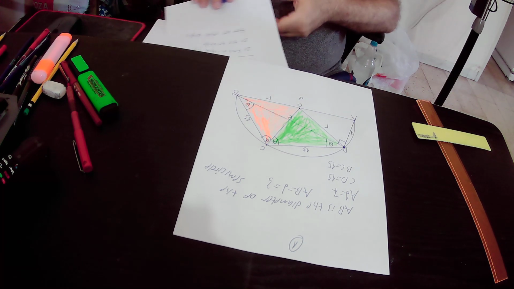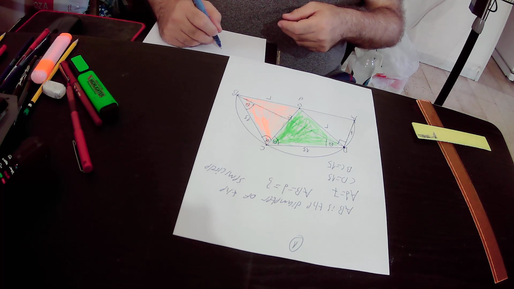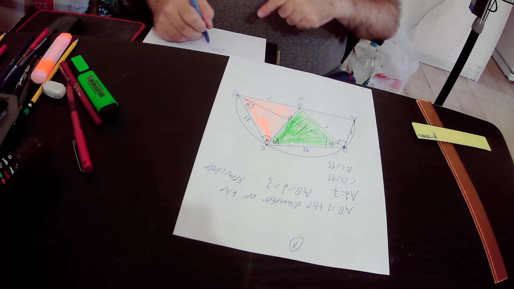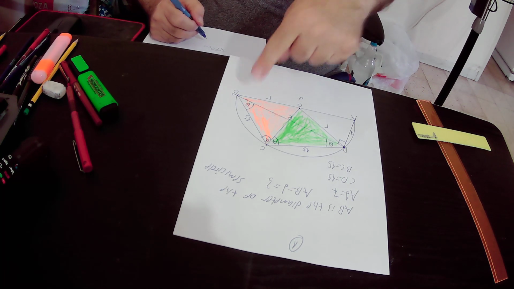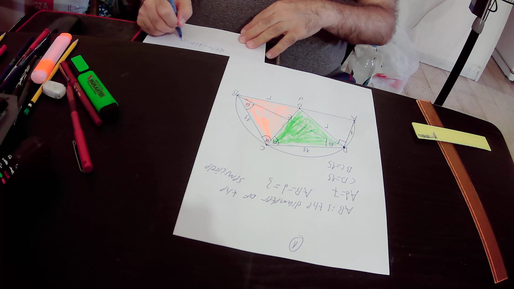So according to rule number 2, angle EDC equals angle EBC, and both those two angles are equal to theta.